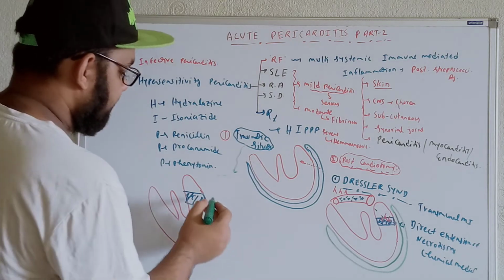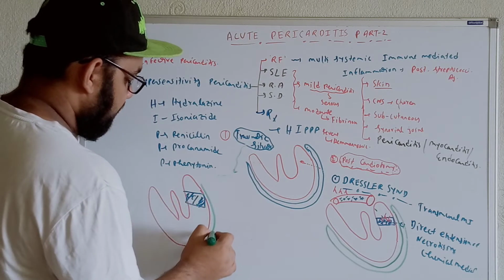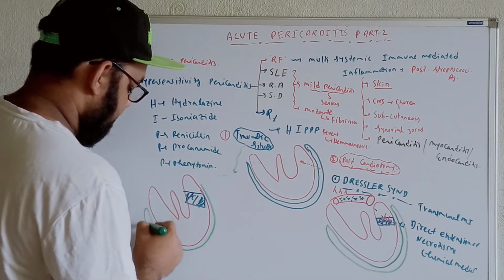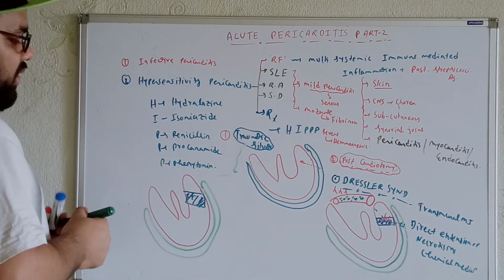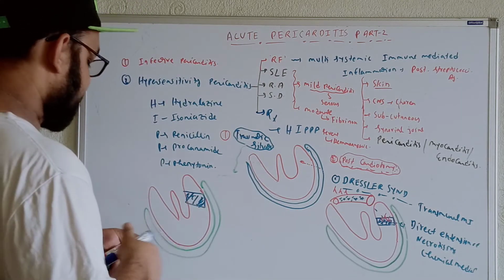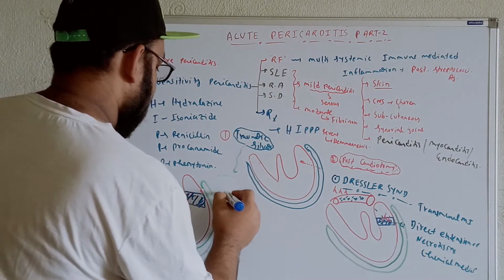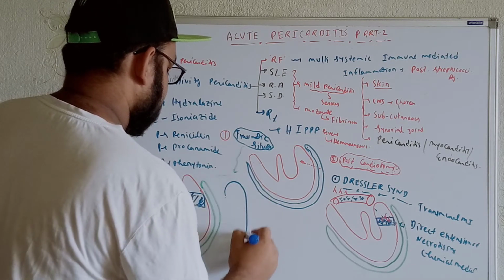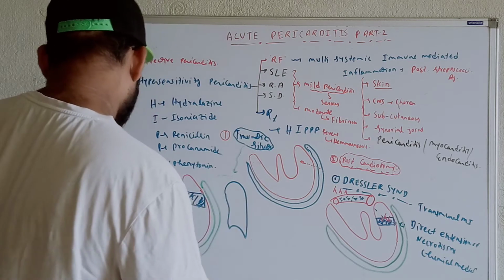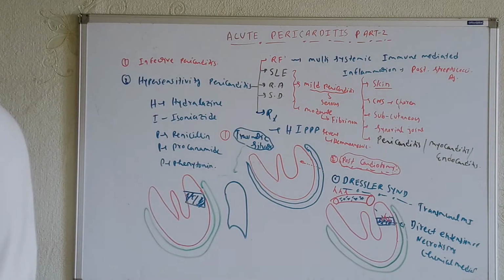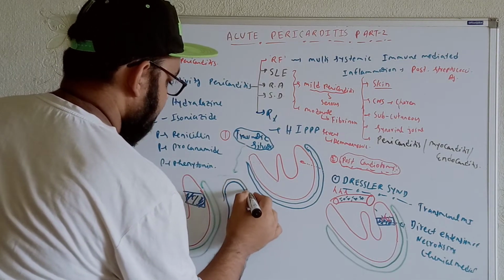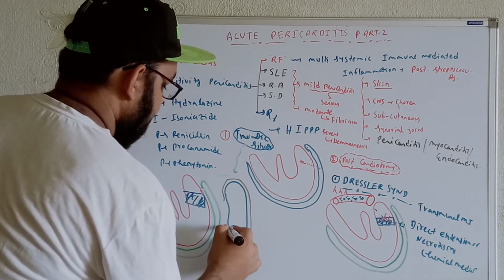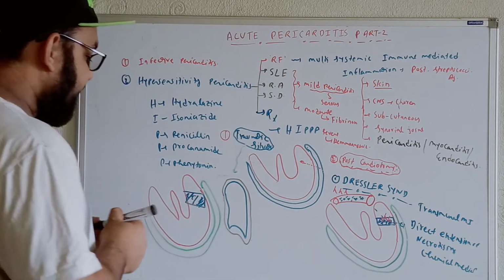I have already mentioned these things before as well. And for example, this is the lungs, and this is the pleural cavity. Let's show the pleural cavity with a different color.